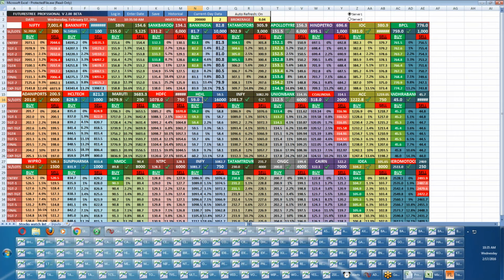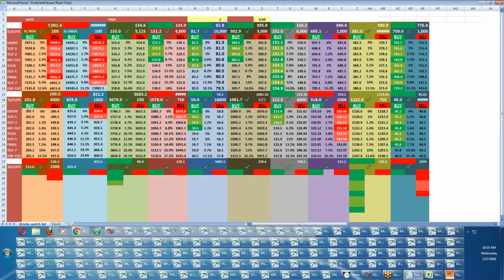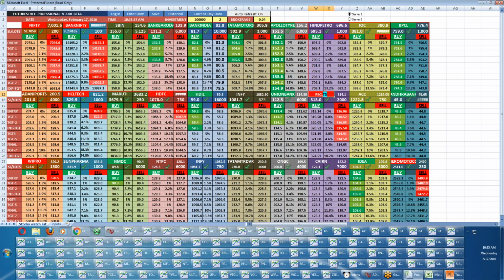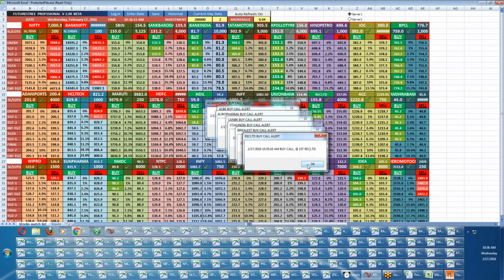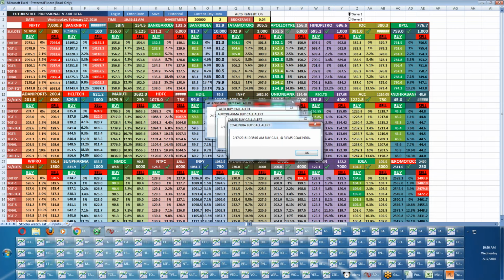We have a buy in REC. So we have that buy confirmation here. IB Real Estate has already done all its profits.